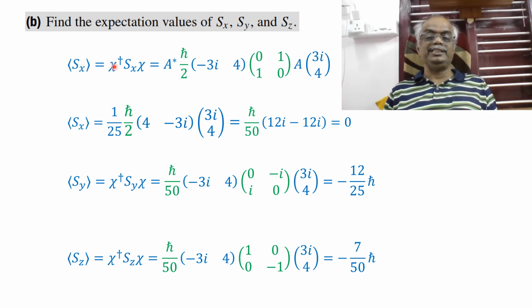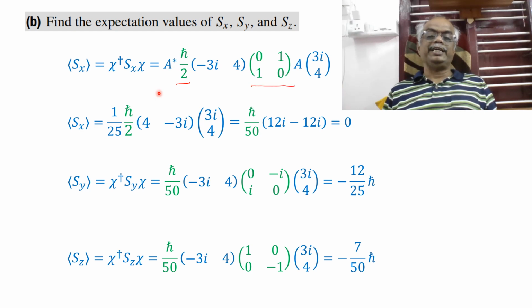By definition, it is chi dagger Sx chi. So chi dagger is A star, then the row matrix (minus 3i, 4), and chi is A times the column matrix (3i, 4), and Sx, which I have shown in green color, is h cross by 2 times the matrix (0, 1; 1, 0).